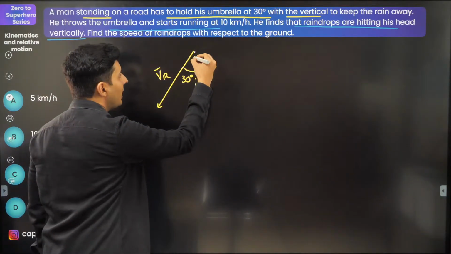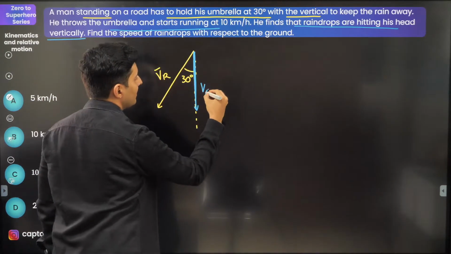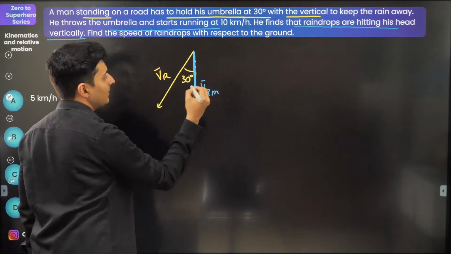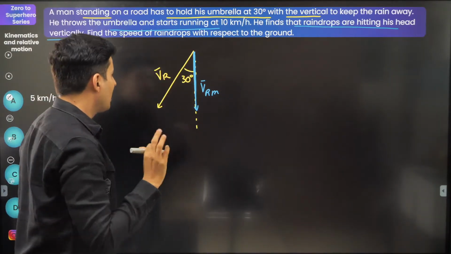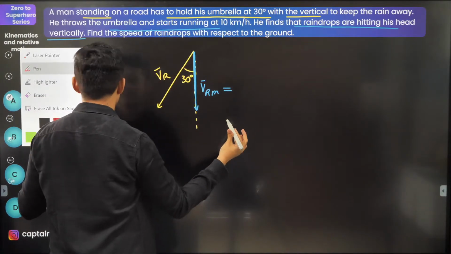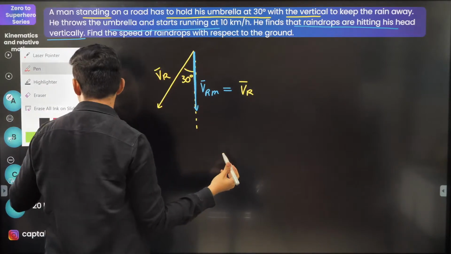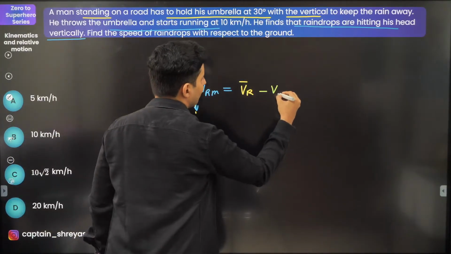So VRM is vertical. That's the second thing. And we all know V12 is nothing but V1 minus V2, so VRM is VR minus VM.